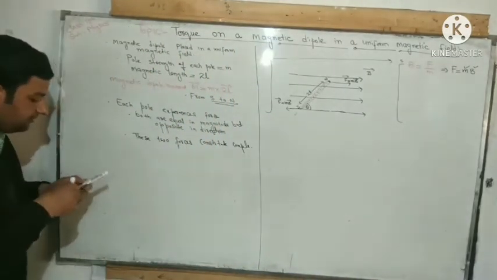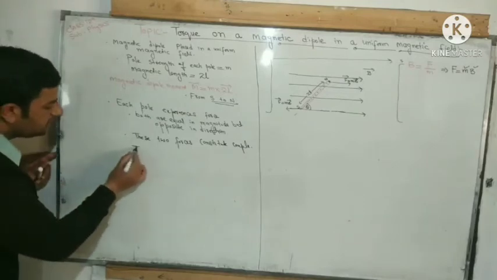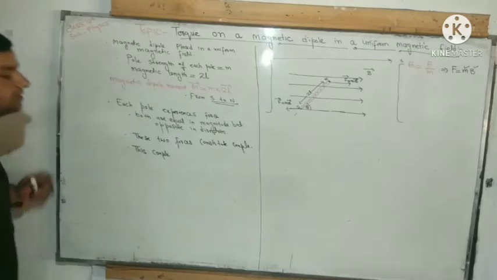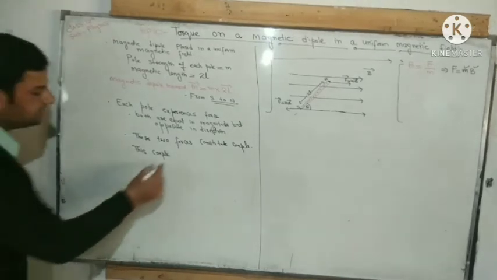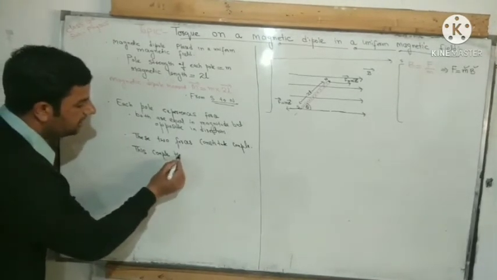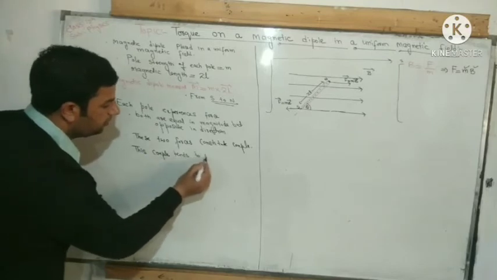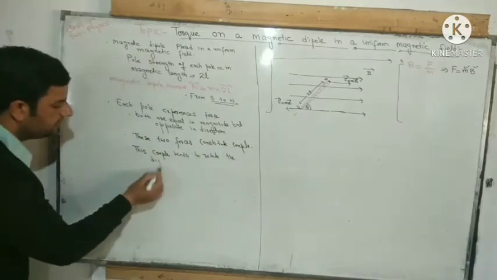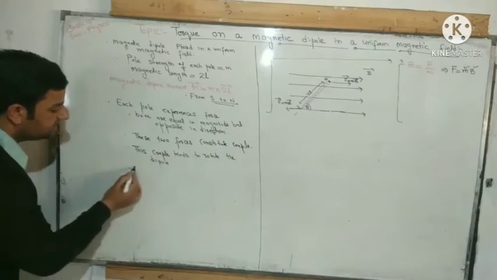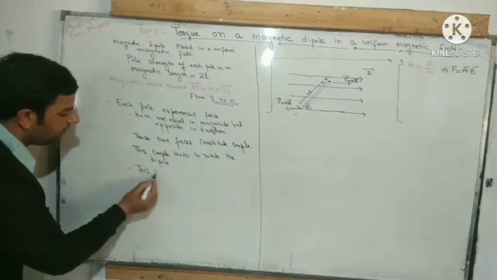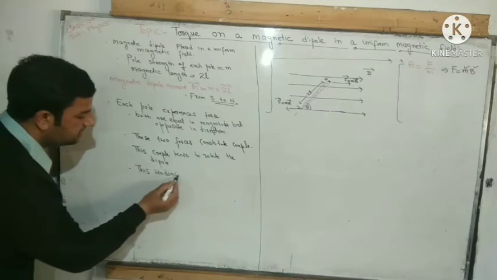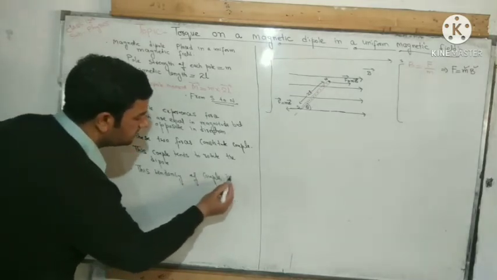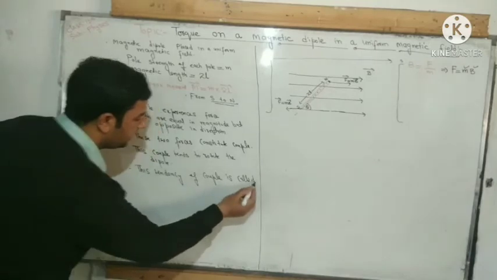This couple tends to rotate the dipole. This tendency of the couple is called torque.